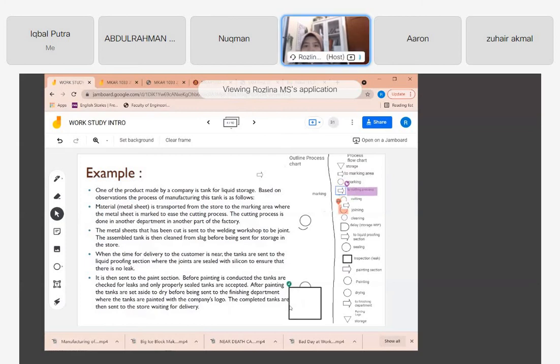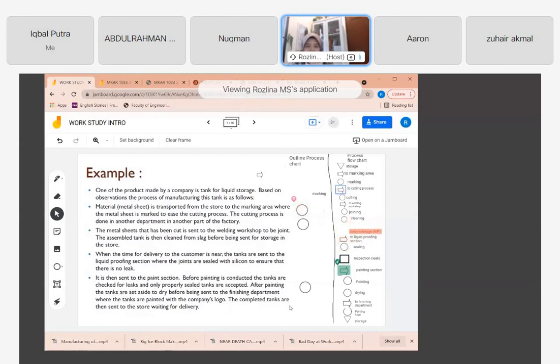Okay. So you have what? And the transportation to welding workshop. Then you have the welding and then cleaning. Good. And then to store. After cleaning slag, you have the transportation symbol to store.